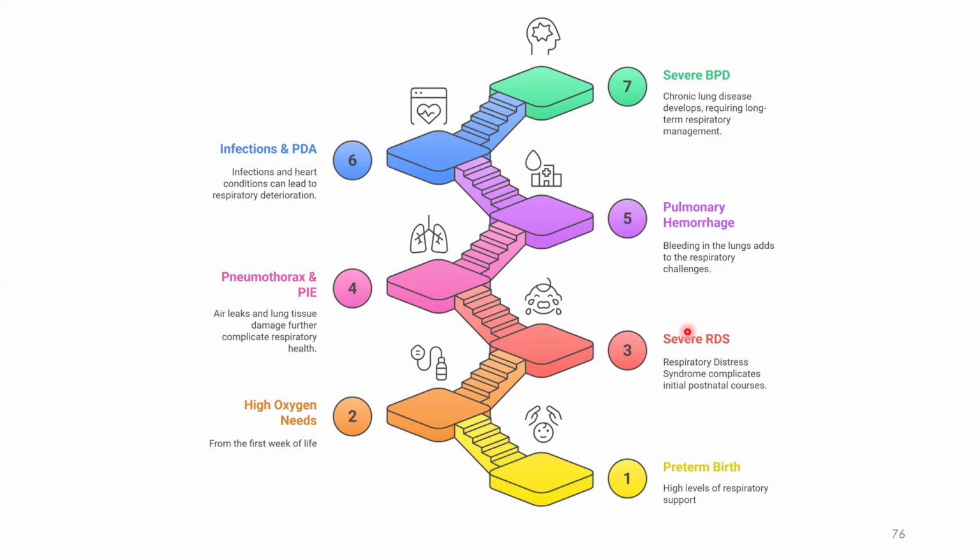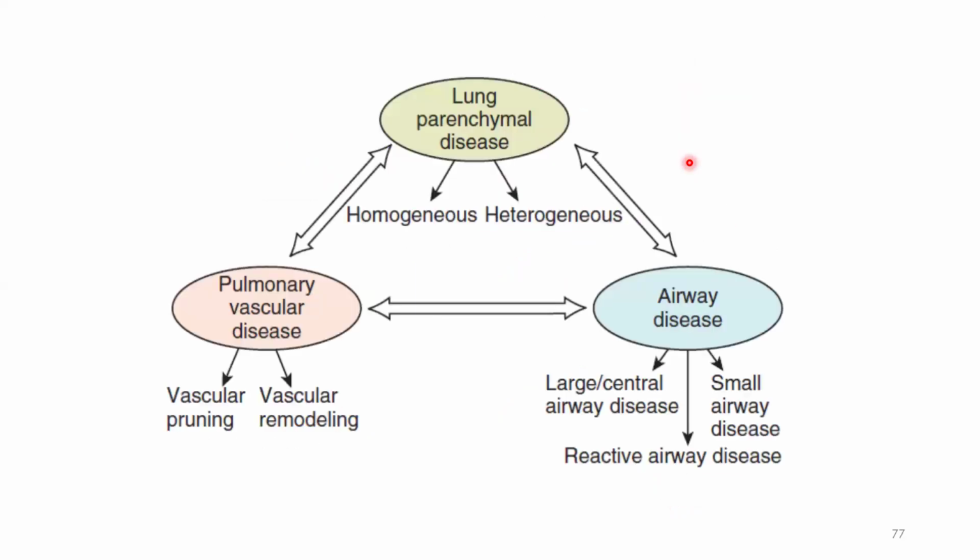In some babies the initial course is smooth, but after 7 to 10 days, there is concurrent infection or PDA, and there will be deterioration of the lung condition. So ultimately, this kind of preterm infant will land up in severe BPD. In severe BPD, you will basically get all 3 phenotypic involvements in varying proportions.